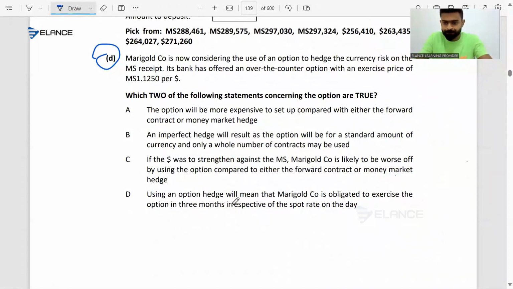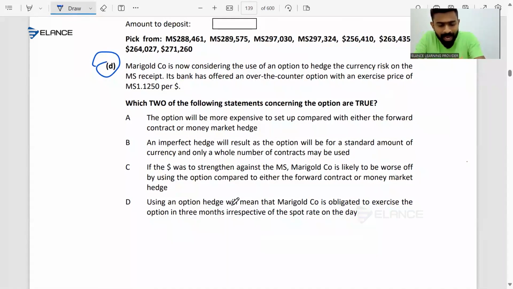See, Marigold is now considering an option to hedge their currency risk. Their bank offered an over-the-counter option. First statement: options will be more expensive to set up compared with either a forward contract or a money market hedge. That's a true statement, right?